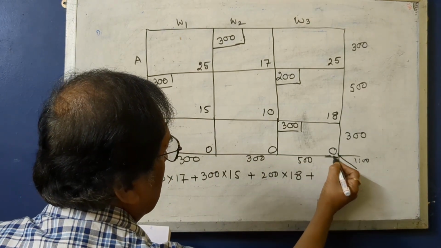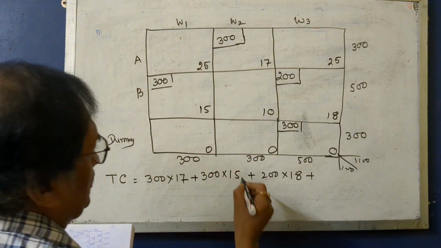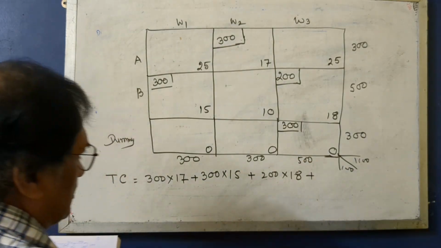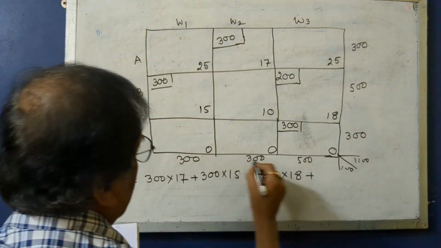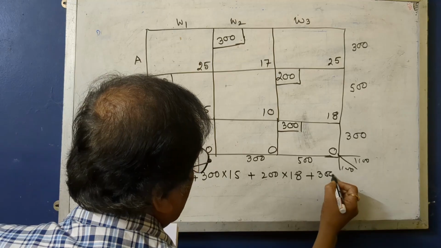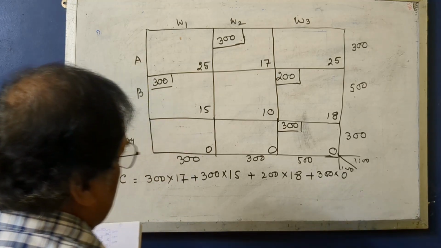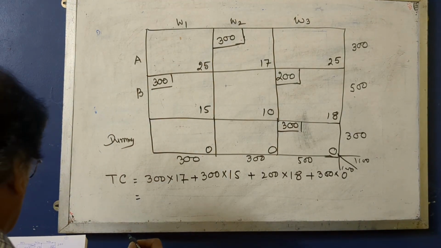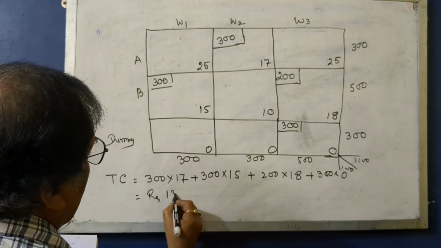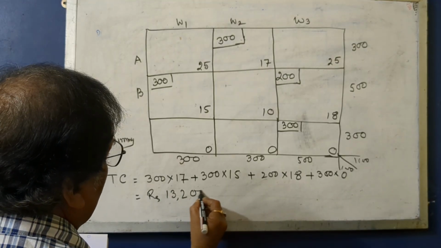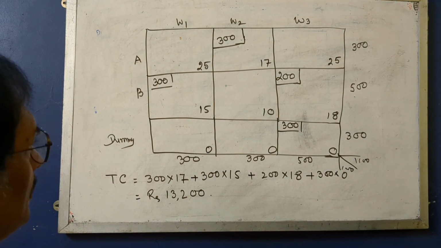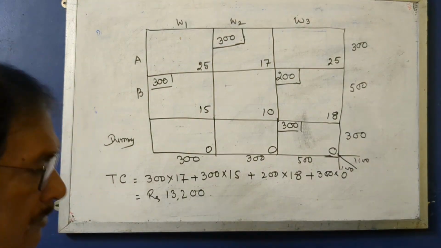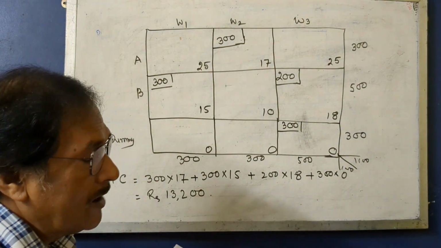Already we have discussed, for the dummy source the cost is considered 0, as if the material will not be shifted here. And what is the total cost? You can check it: Rupees 13,200. This is the cost for the initial basic feasible solution, which is found out by the VAM method.